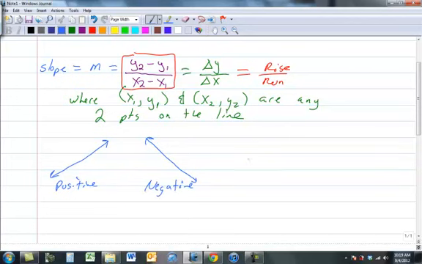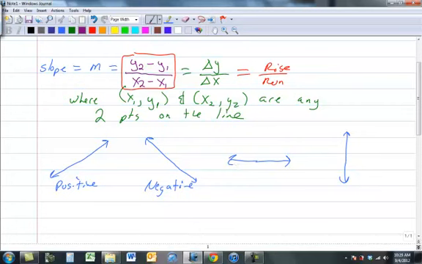Where it gets tricky is when it looks like this, a horizontal line versus a vertical line. Now, in middle school, you may have heard the term "no slope." I never, ever want to hear "no slope."